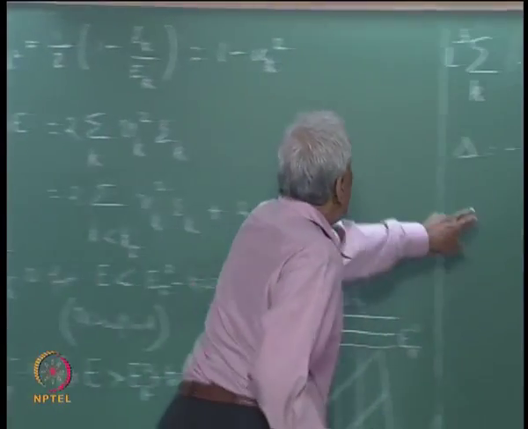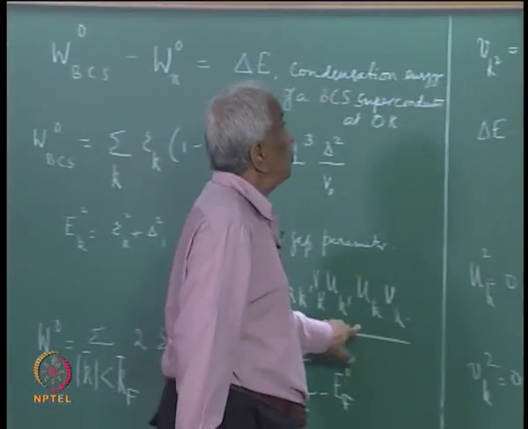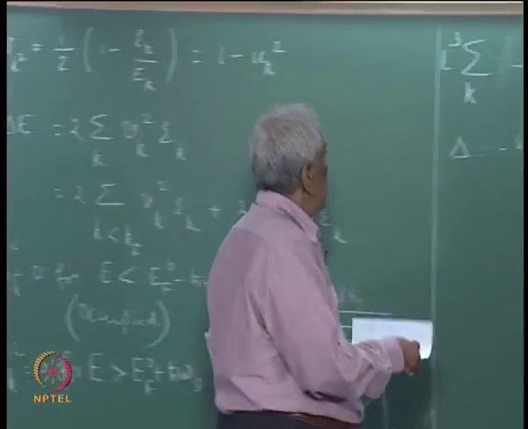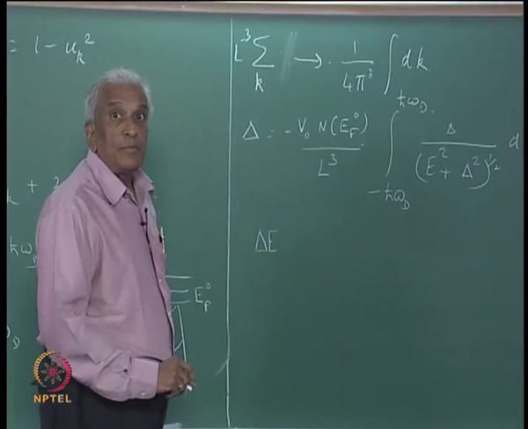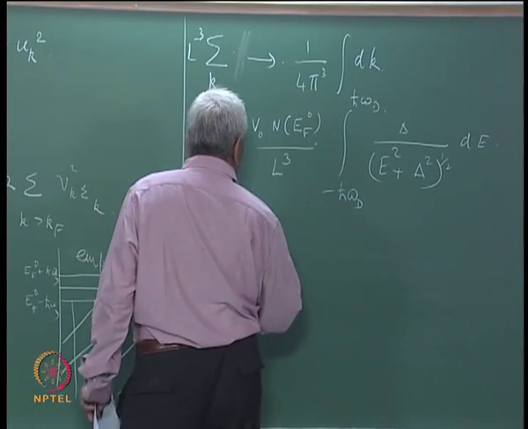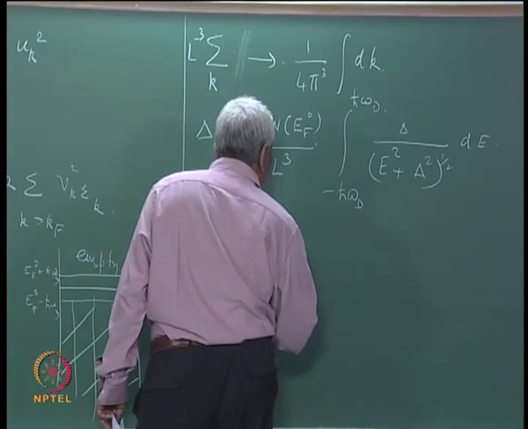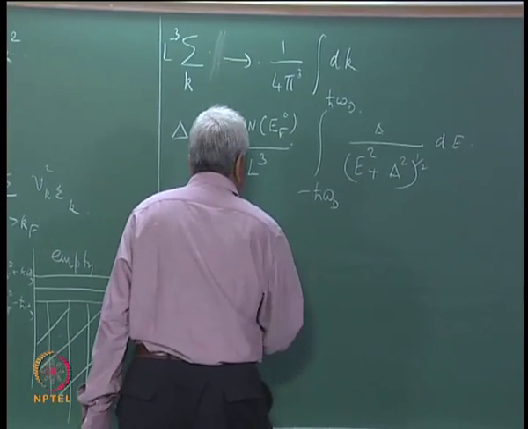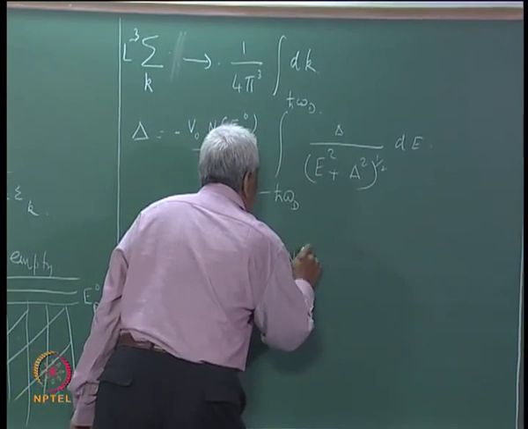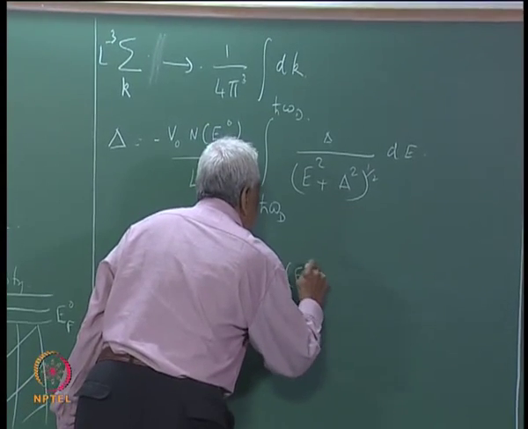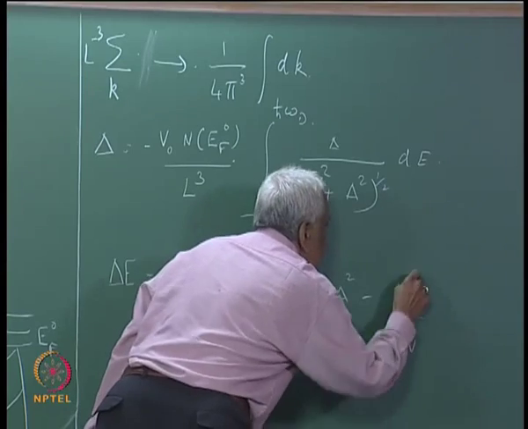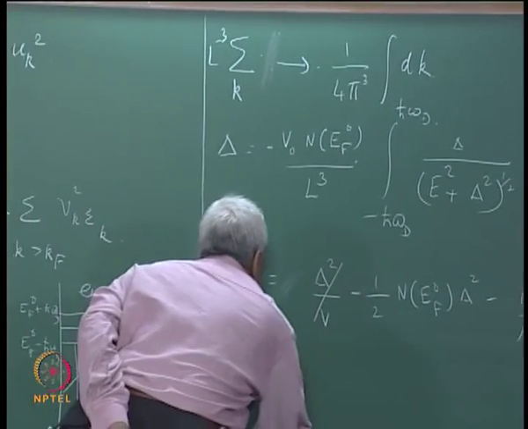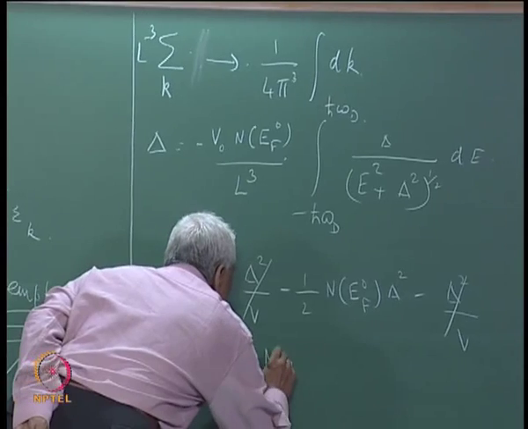This can be readily shown from this definition here using the expressions for V_k and U_k. So, using all this, we can show that delta E, the condensation energy at absolute 0, turns out to be the following, so that these two cancel, leaving out a particularly simple expression.